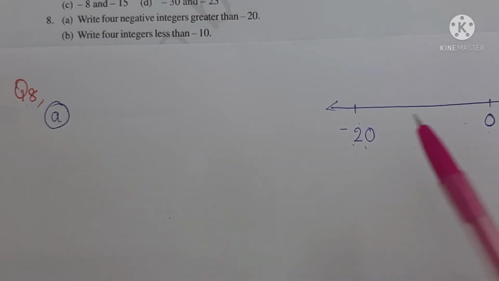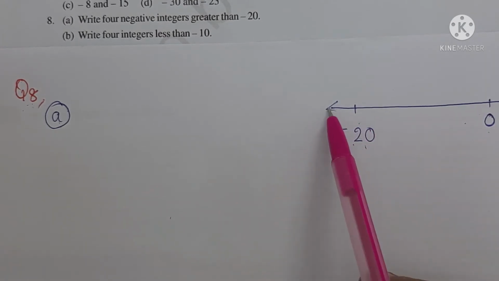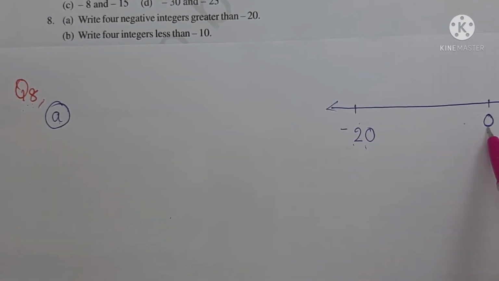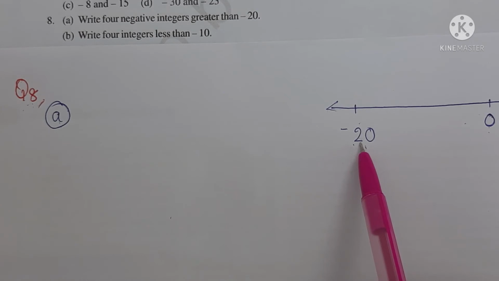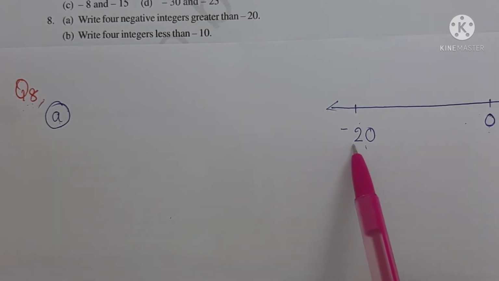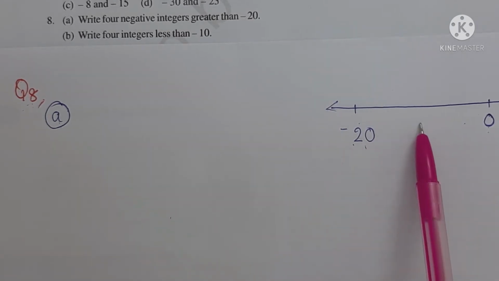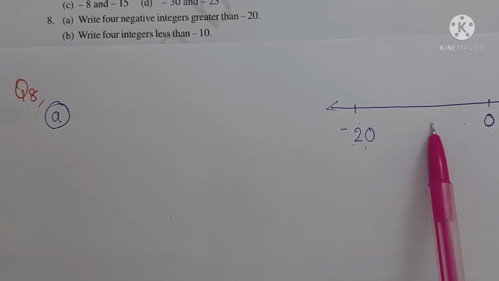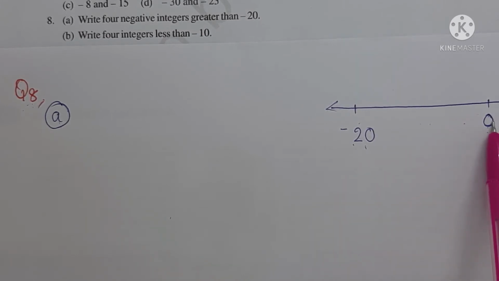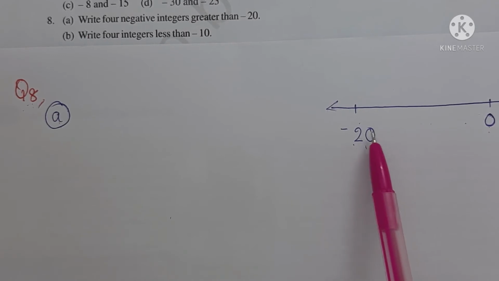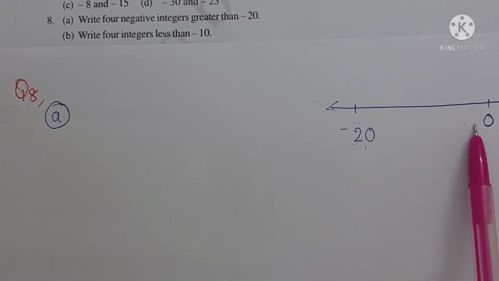For example, this is a number line. Here is 0, and on the left side of 0 we can mark minus 20. All the numbers to the right of minus 20 up to 0 are the greater numbers of minus 20.